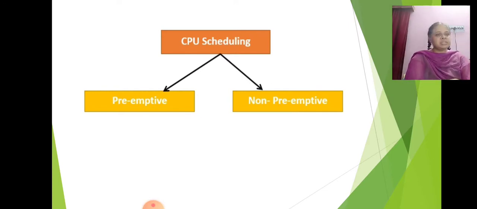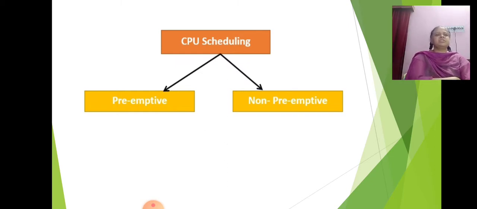First, when a process switches from the running state to the waiting state, for example as the result of an IO request or an invocation of wait for the termination of one of the child processes.